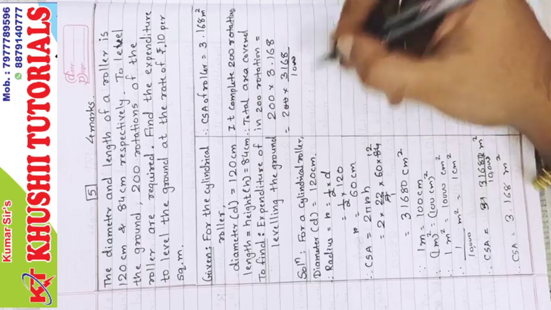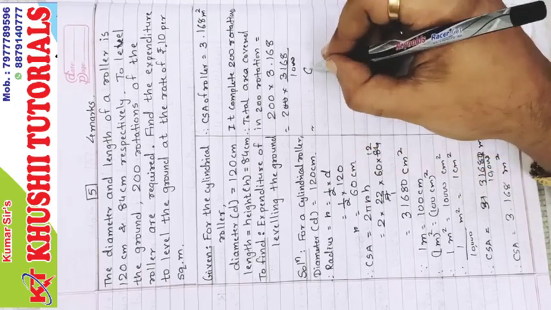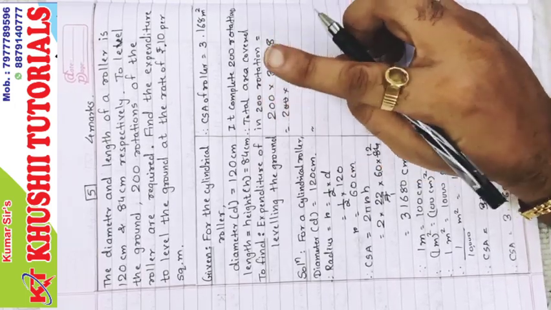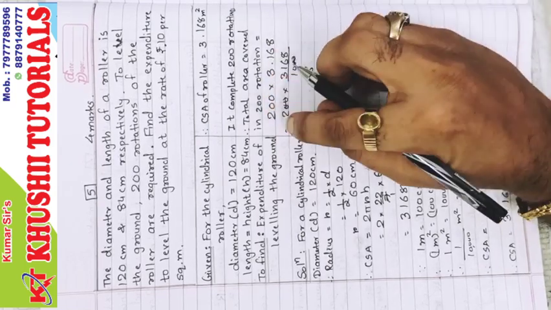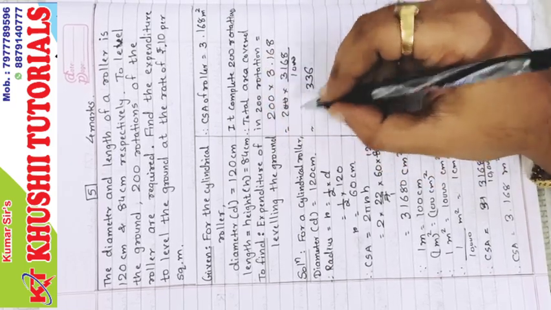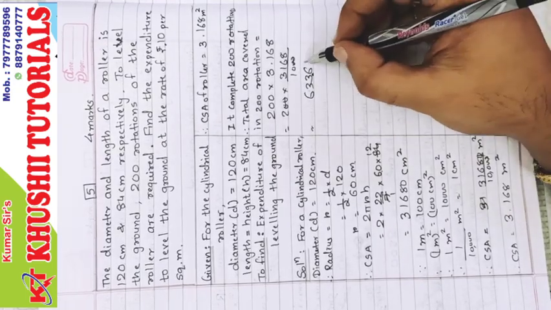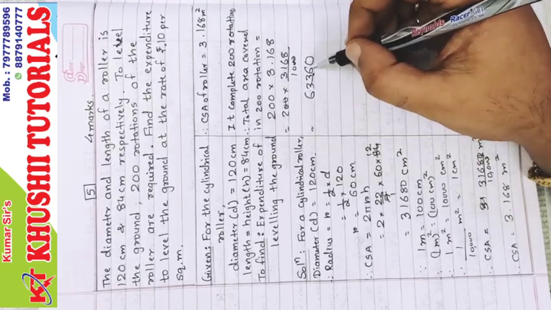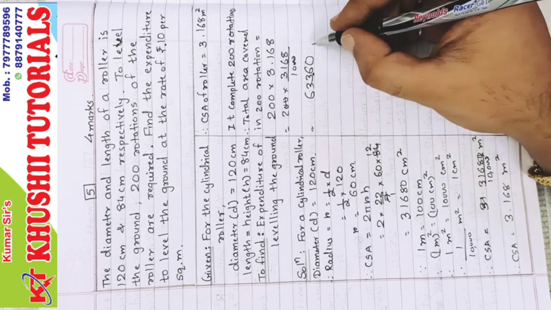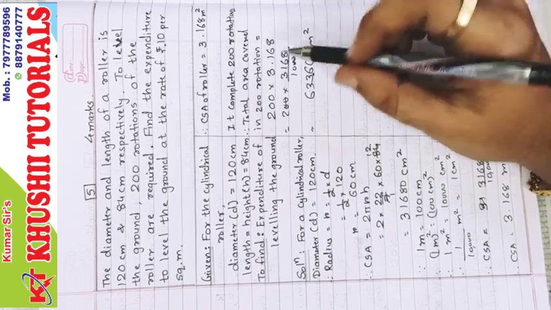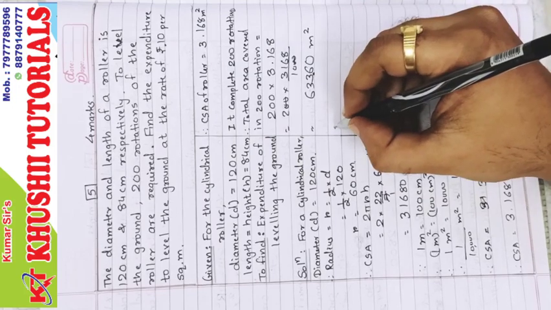The 0s got cancelled. 2 8s are 16, 2 6s are 12 and 1 is 13, 2 1s are 2 and 1 is 3, 2 3s are 6, and decimal point, because one 0 is left. So 633.60 meter square.